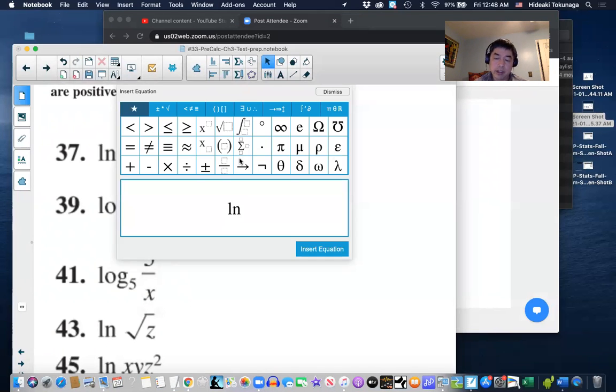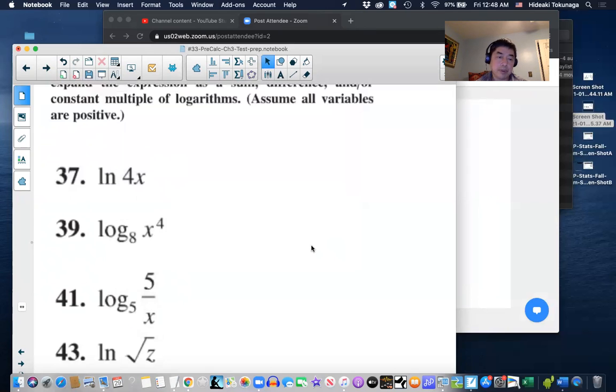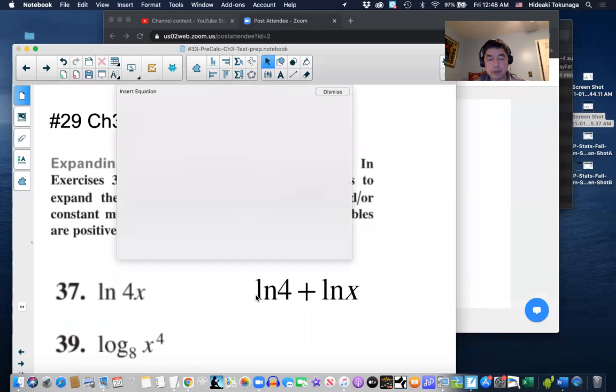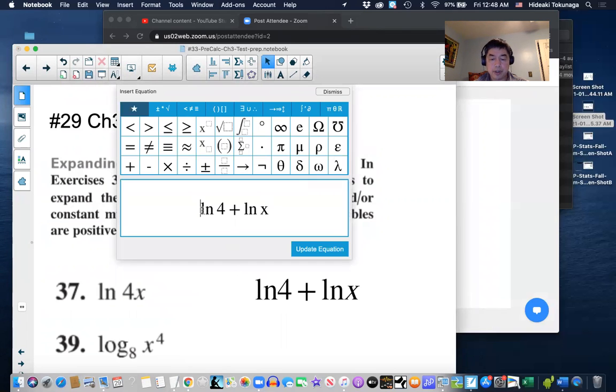If the logarithm has multiplication right next to it, you have to add. This expression is equal to this.